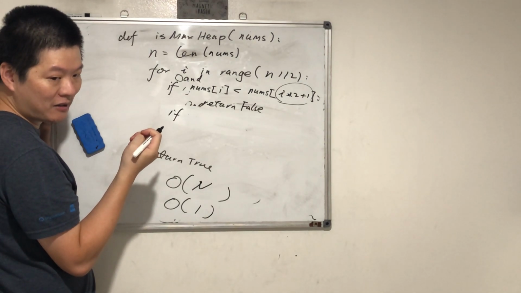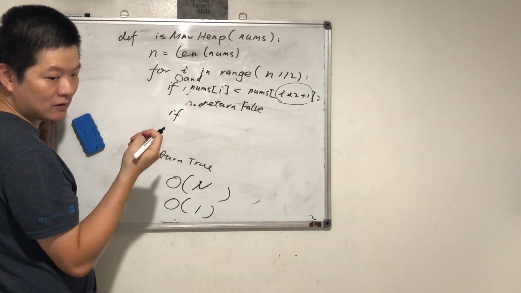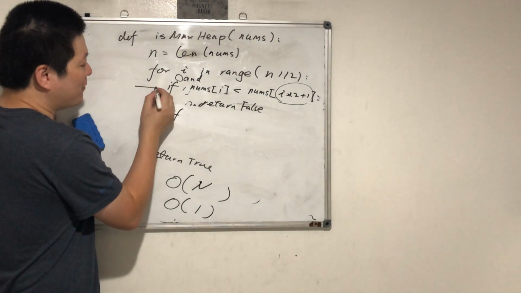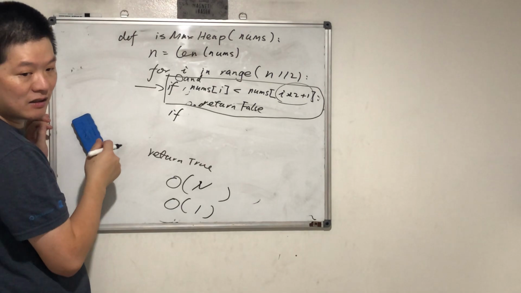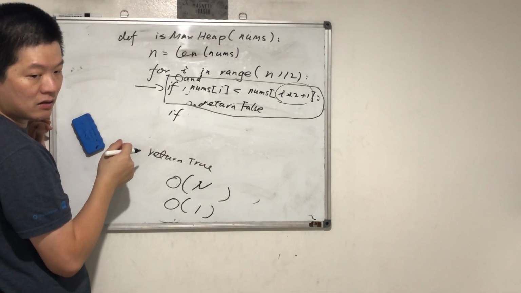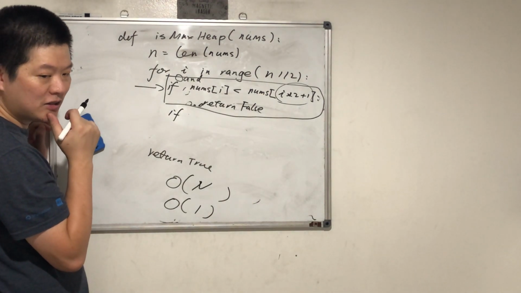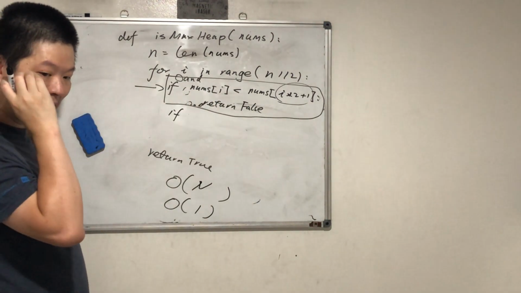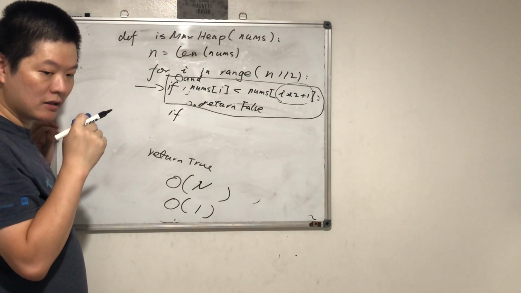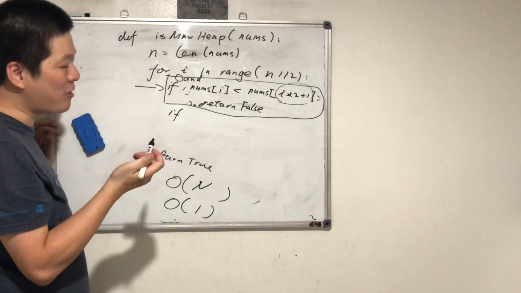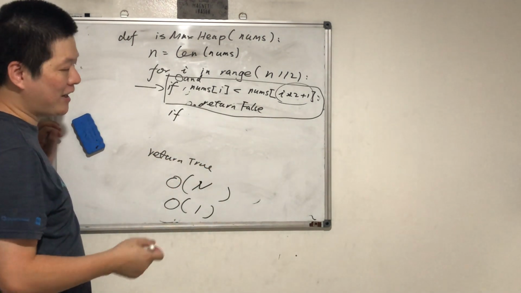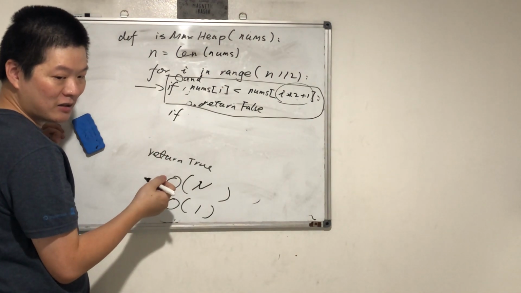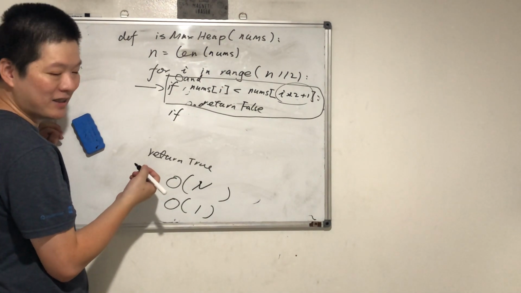What are we checking here? We are checking the left. This is left or right? Left. Then what should we check here? The right. So how do we check the right?